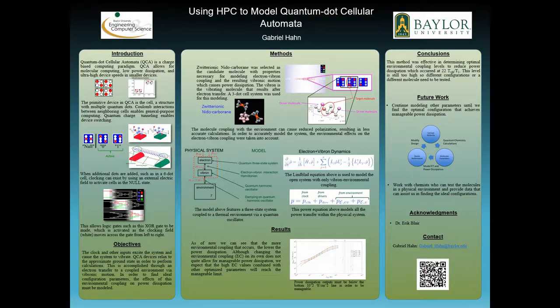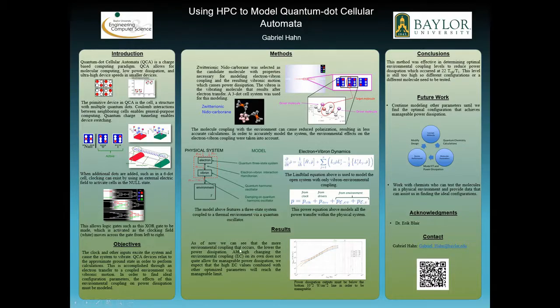So in order to calculate realistic simulations that have even larger matrices, because we use this Hamiltonian, which describes the whole environmental system as well, we had to use high performance computing, because otherwise these calculations would have taken ridiculously long. So, after running these calculations on the Baylor supercomputer for a couple months, we've gotten most of our results back, and they're looking pretty good.